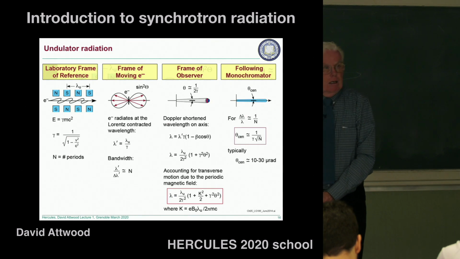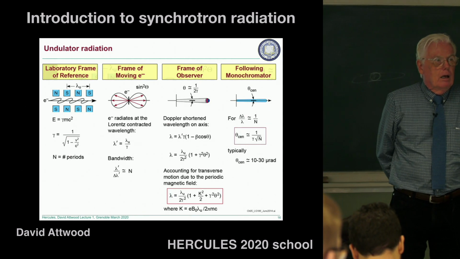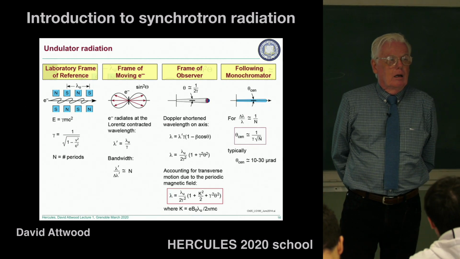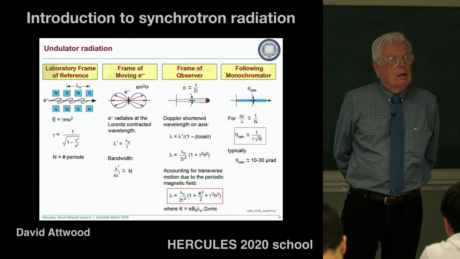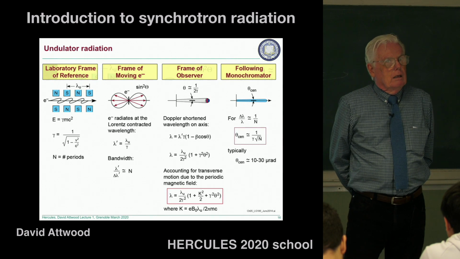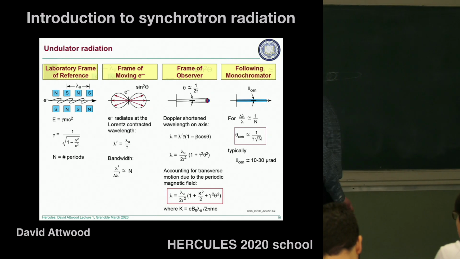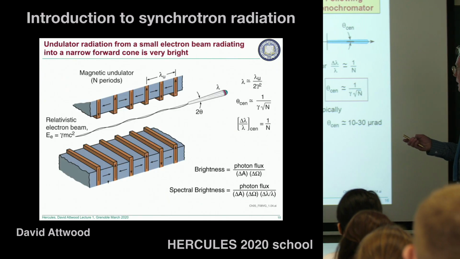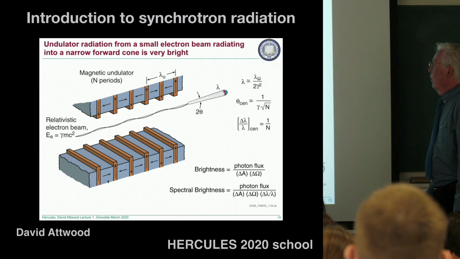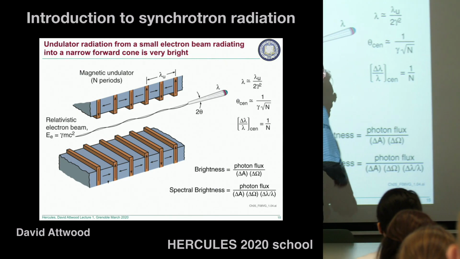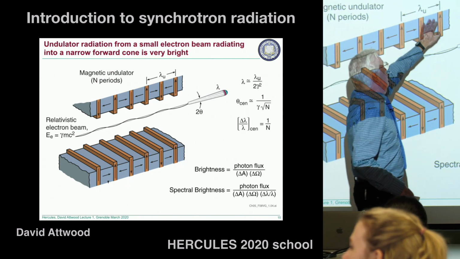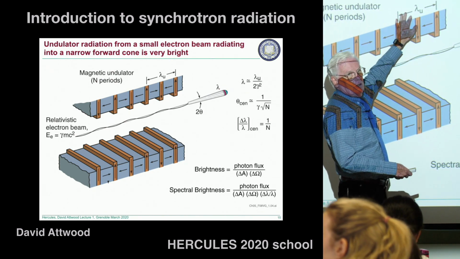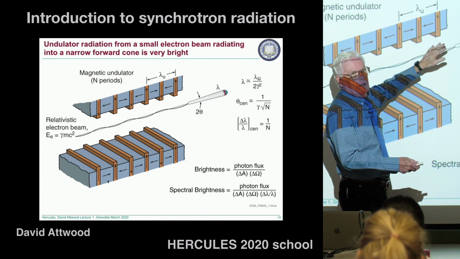Same question. Yeah. What would be if we change the period between magnets in the undulator? If we change the what? Period between magnets. Oh, yeah. So if you change this period, so in each straight section there's a different undulator. So some have a certain period of, let's say, 3 centimeters, some have 5 centimeters, it depends.